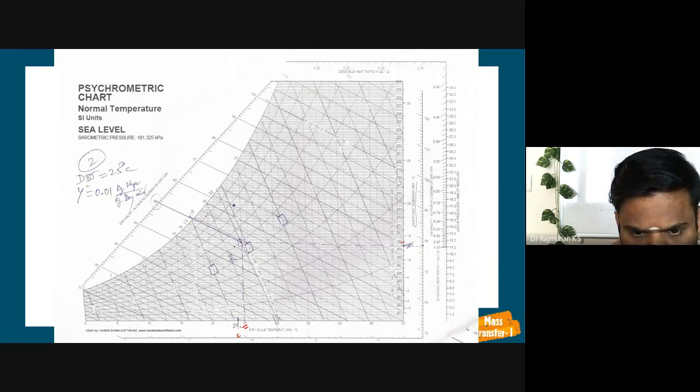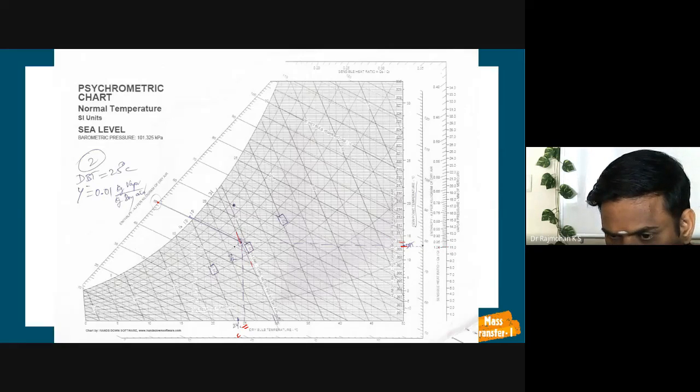So all the values: our wet bulb temperature is here, enthalpy value is here, and this is the value corresponding to specific volume. The specific volume line is this. And for dew point temperature, we get the dew point here, and in this problem we are determining the vapor pressure here itself. So we can report the corresponding vapor pressure.